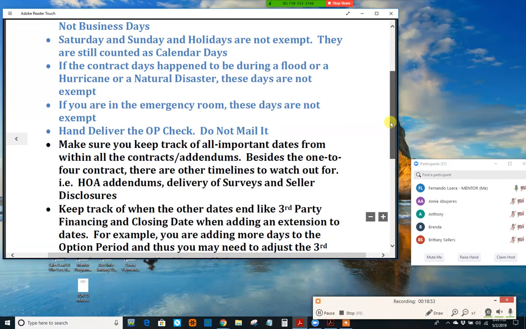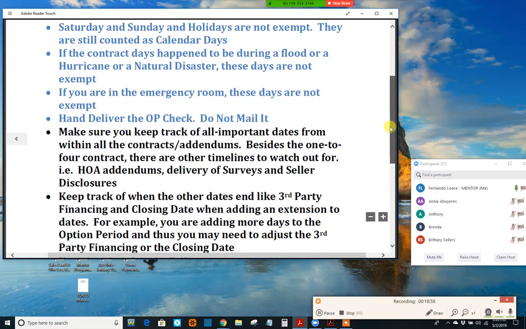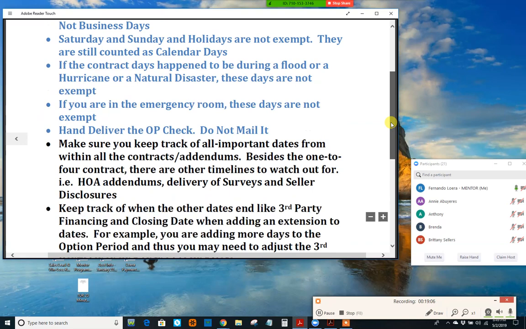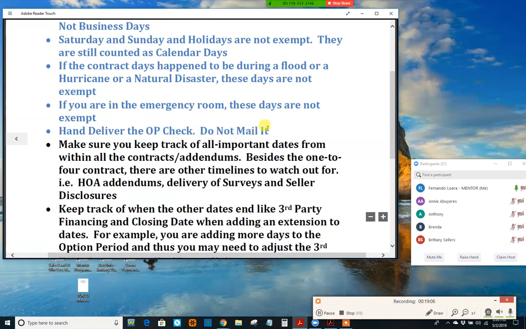Well, they can terminate the contract, but there's no option period because the check was never delivered. So I advise you never to mail the check. Sometimes the listing agents will say, "Just drop it off at the title company when you drop off the earnest money." No. I have to deliver it to you or your office or the seller.